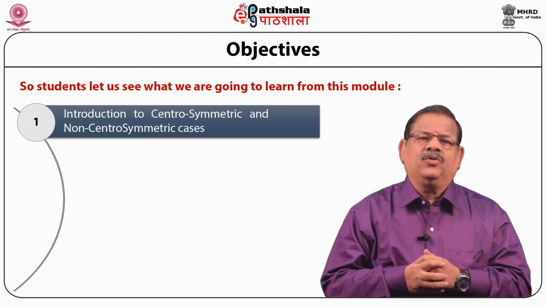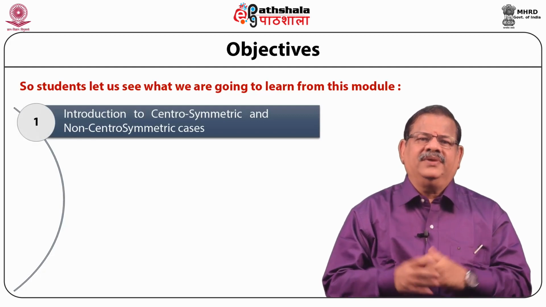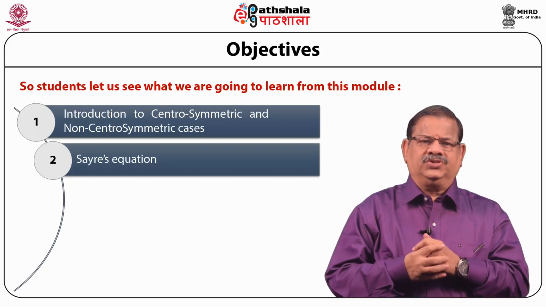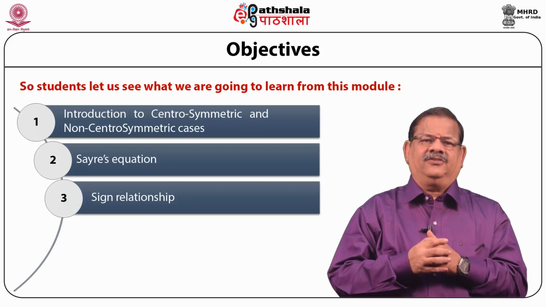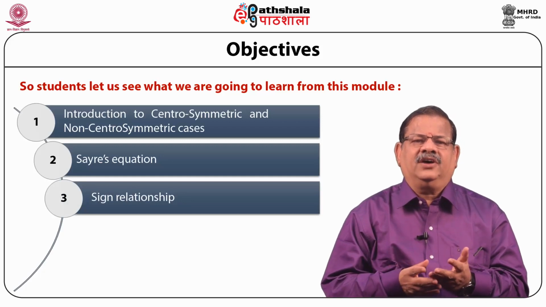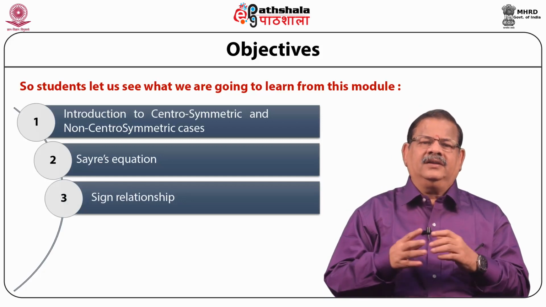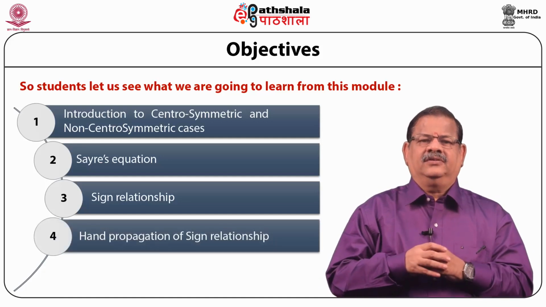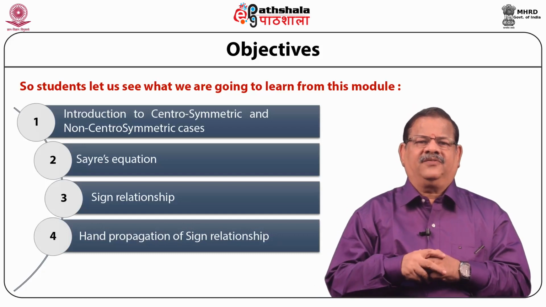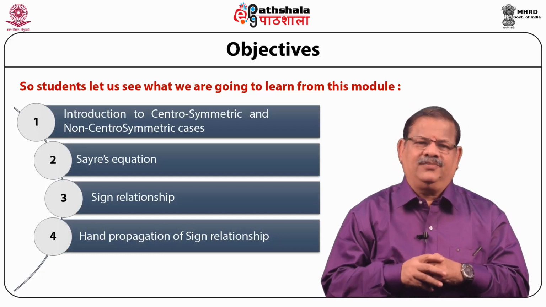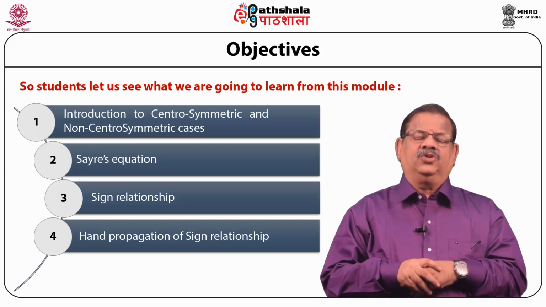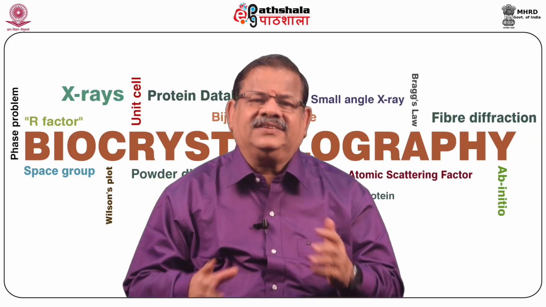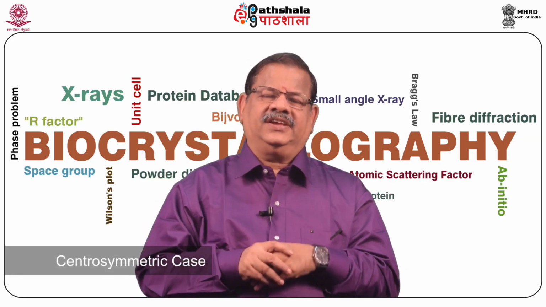Then I am going to teach you what is meant by Sayre's equation and how he used the sign relationship derived by him to get the signs of new reflections, and also how to find the signs for the bulk of Bragg reflections without the knowledge of the computer, using hands only, which is known as hand propagation of sign relationship. So let us consider now the centrosymmetric case.